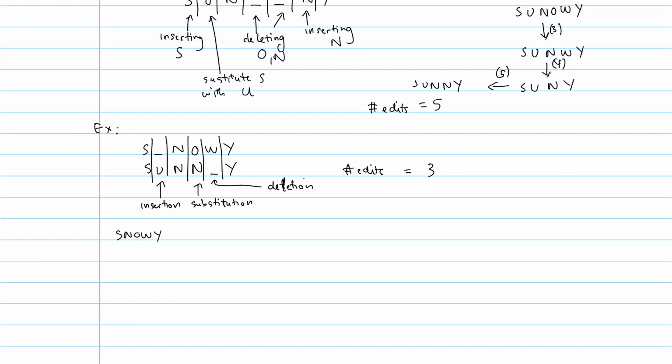So we insert a letter U between S and N. And then we substitute the letter O with the letter N. And then we delete the letter W. So this gives us indeed a better way to transform A into B with fewer number of edits.